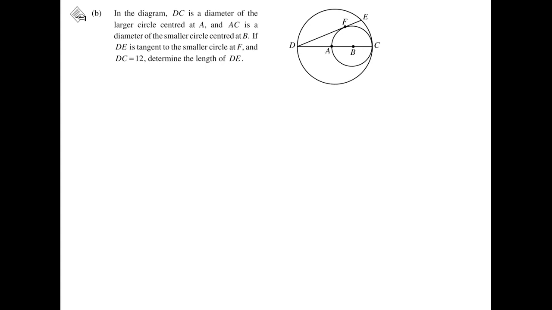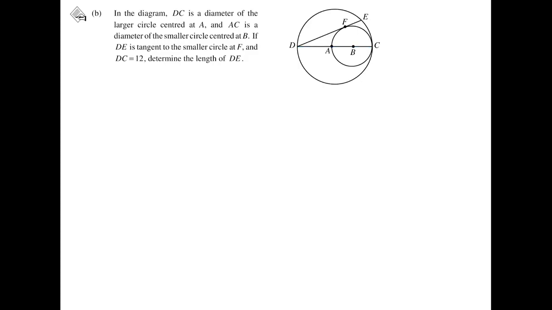Now we move our attention to 5b. 5b states, in the diagram, DC is a diameter of the large circle centered at A. So this is DC.